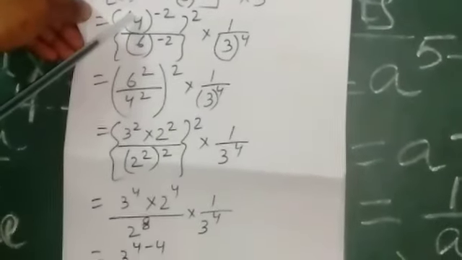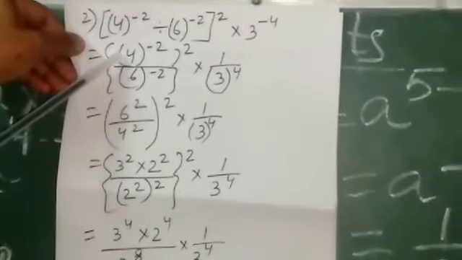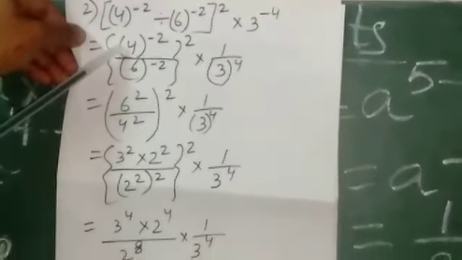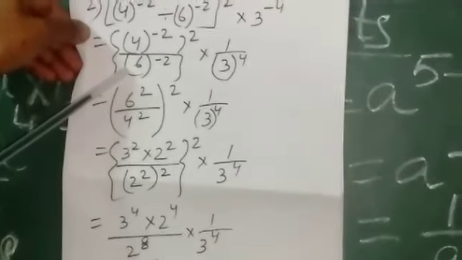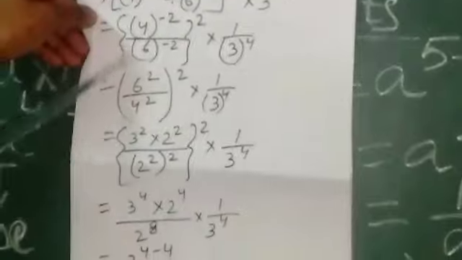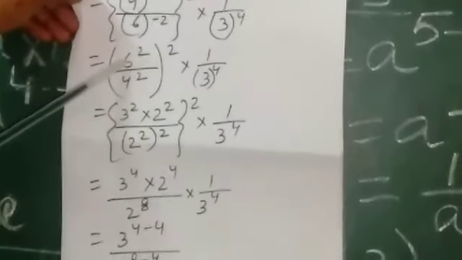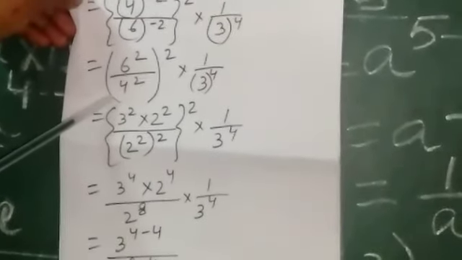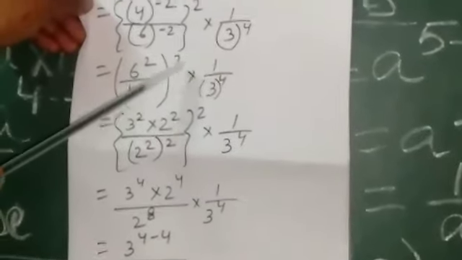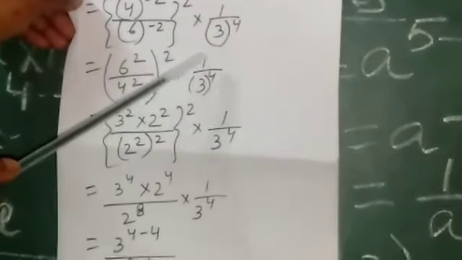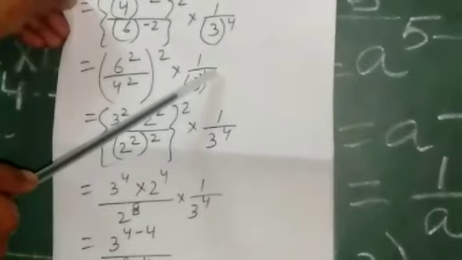Now we can write 4 to the power minus 2 as 1 by 4 to the power 2 and 6 to the power minus 2 as 1 by 6 to the power 2. So that can be written as 6 to the power 2 by 4 to the power 2, whole power 2, into 1 by 3 to the power 4.